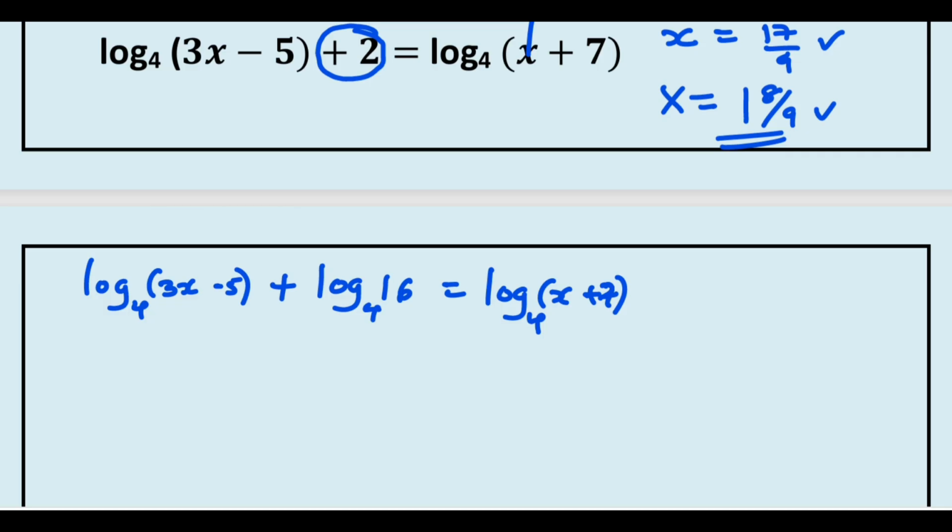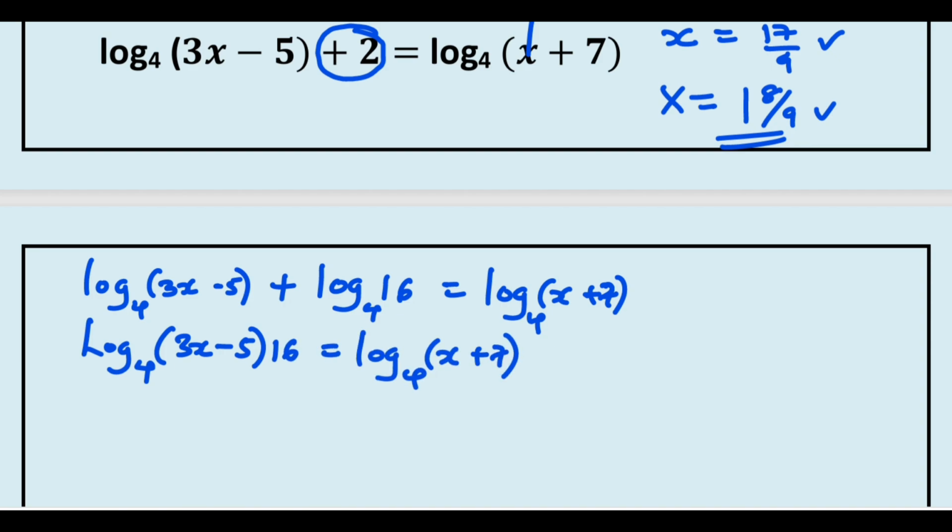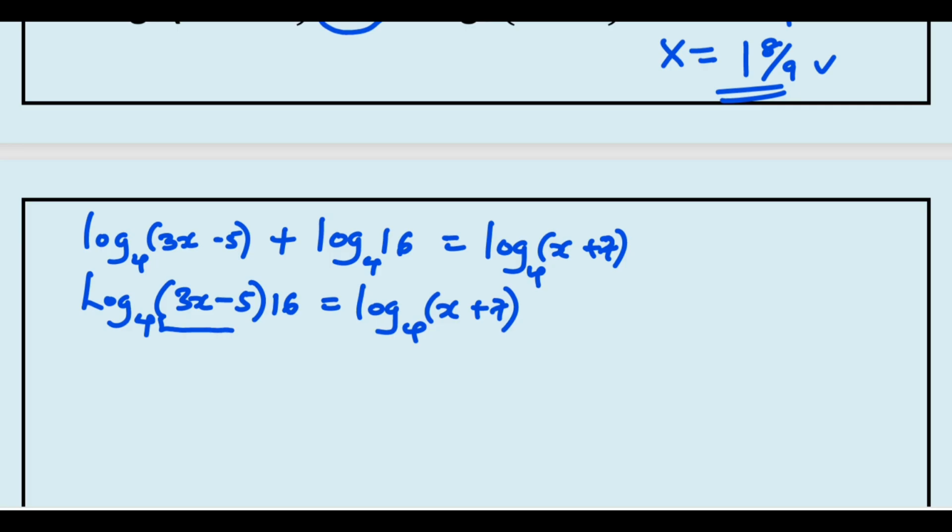Then now deal with the positive addition on the left side. So what will we have? We shall have log to base 4 of 3x minus 5 by 16 is equal to log to base 4 of x plus 7. So at this point, we're going to drop the logs and then we equate the values that we have here.